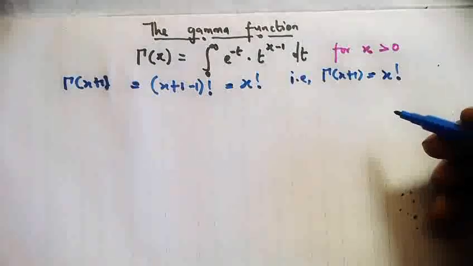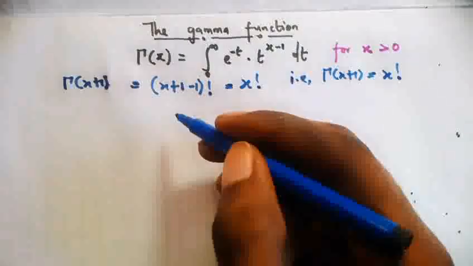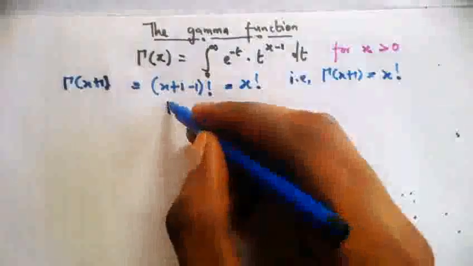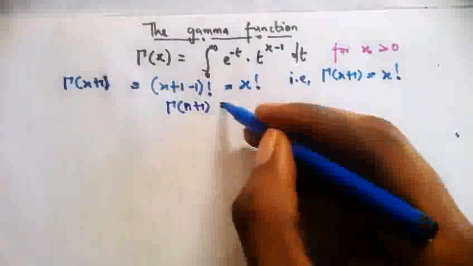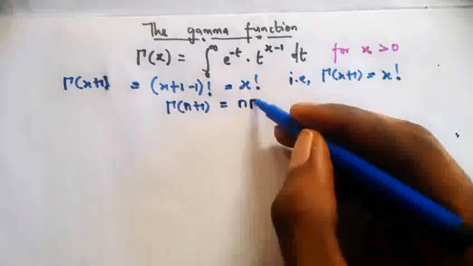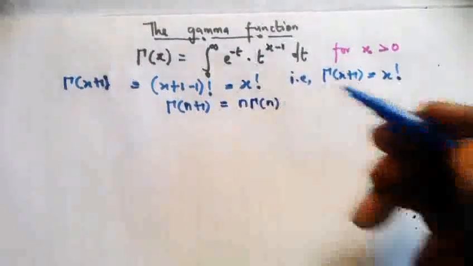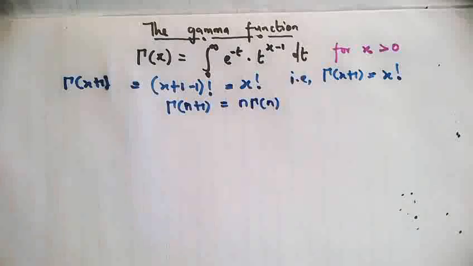So the property we're going to prove here is that the gamma of n plus 1 is also equal to n times the gamma of n. Now how do we prove this? Let's see how we're going to prove this property here.